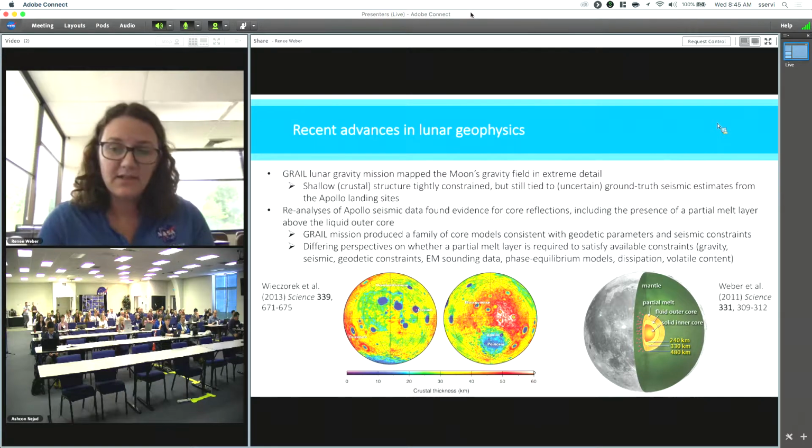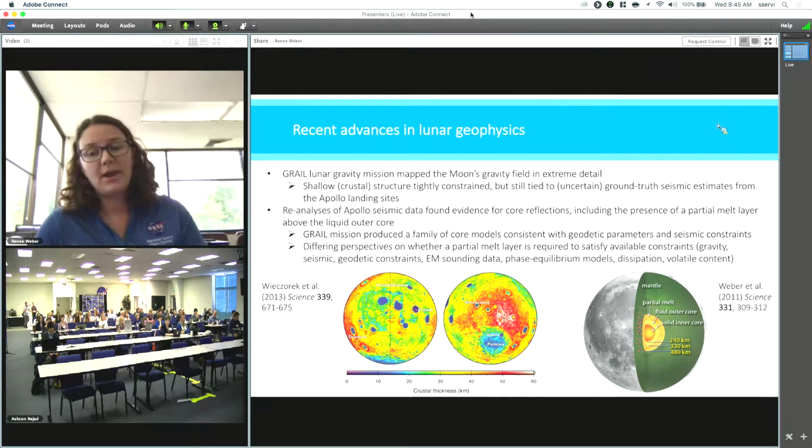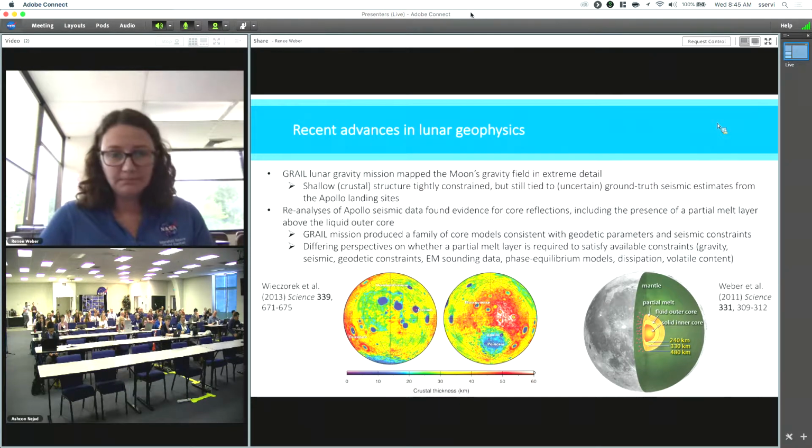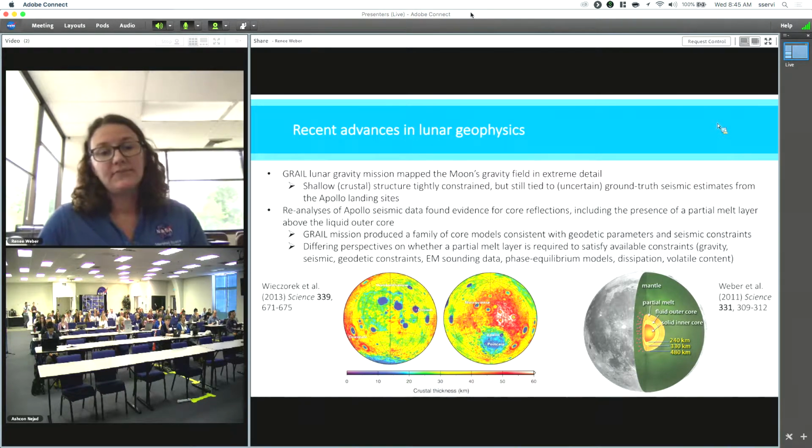There was evidence of a solid inner, fluid outer core, and a partial melt layer at the base of the mantle. And the GRAIL mission produced a family of core models that are consistent both with geodetic parameters and these seismic constraints. But as of today, there are differing perspectives on whether or not that partial melt layer is really required to satisfy all available constraints.